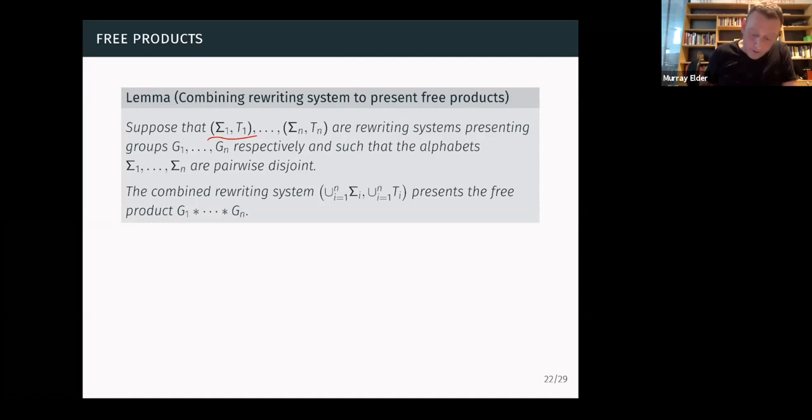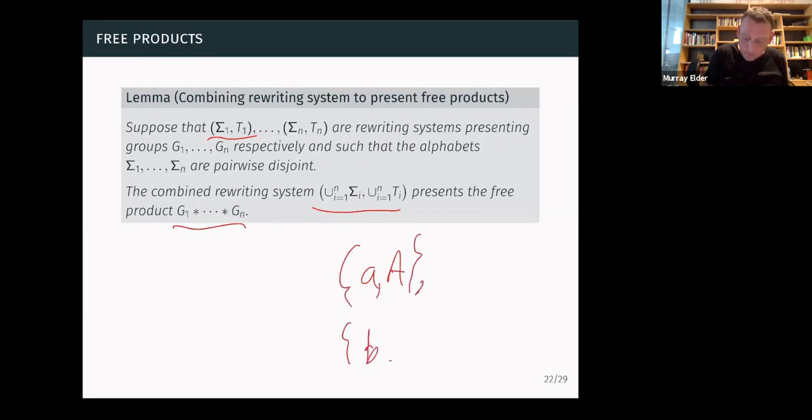Well, the free product of all those groups is simply the union of all the alphabets and the union of all the rules. There's no overlap with the rules. So for instance, you'd have one generated by a and a inverse, and then another one generated by b and b inverse, etc. And you just combine them.